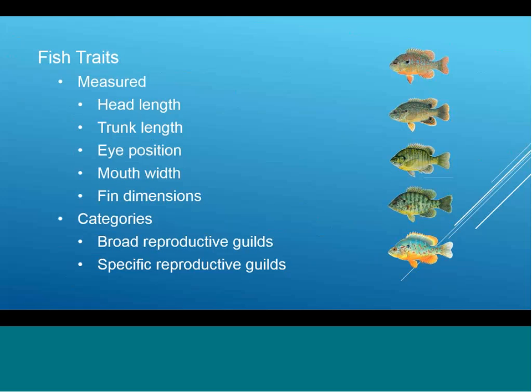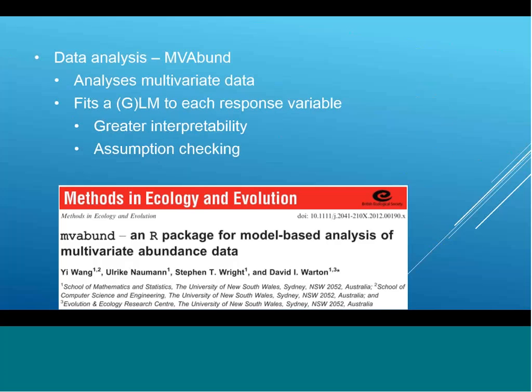But one thing that's been highlighted with these species is there's been a change in the composition, as I highlighted earlier, particularly related to one group, the pelagic broadcast spawners. So we wanted to look at the reproductive groups that make up the communities that we were seeing. We looked at some broad reproductive guilds and also some much more specific guilds, and used that to split the community data into certain groups. Okay, next slide, please.